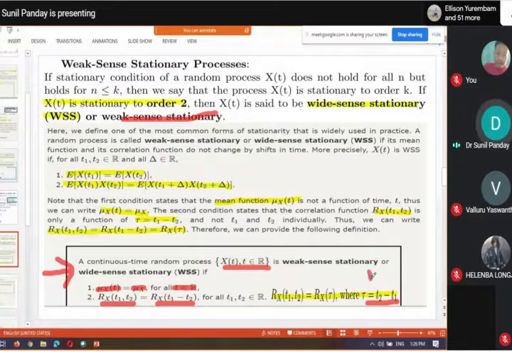We use this tau very frequently, and here tau is actually t2 minus t1. So if these two conditions are satisfied by any random process, then we say that the random process is weak sense stationary. So if in an exam I told you to prove that this random process is weak sense stationary, you have to satisfy these two conditions.